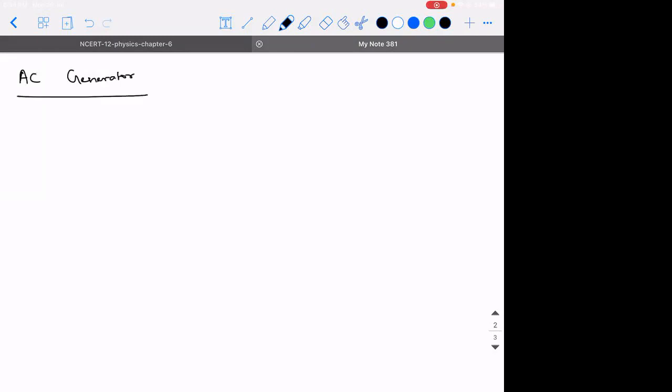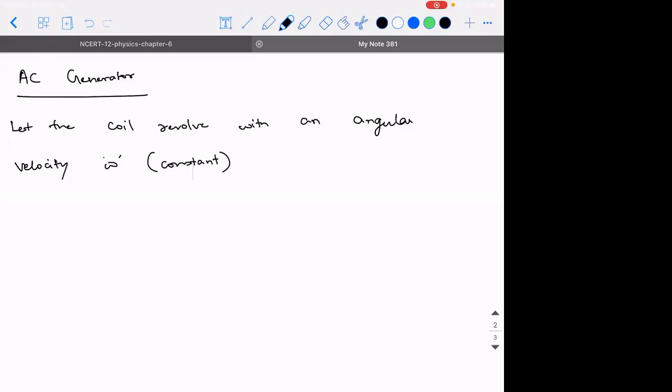AC generator. Let the coil revolve with an angular speed, or you can take velocity, omega, which is constant. Okay.